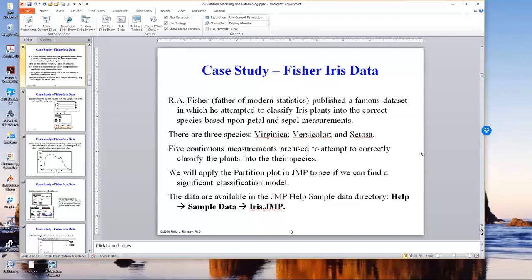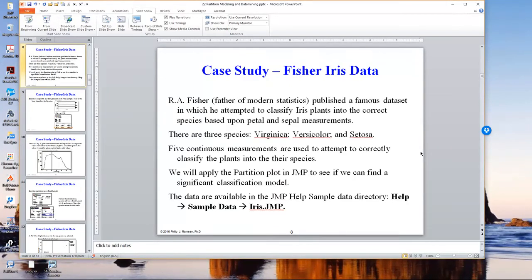I'm going to illustrate CART modeling with a simple example, called the iris data, first published by R.A. Fisher in the 1930s. We have three species, and this is our response: three species of iris, virginica, versicolor, and setosa.